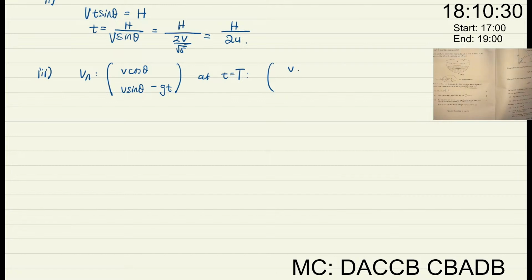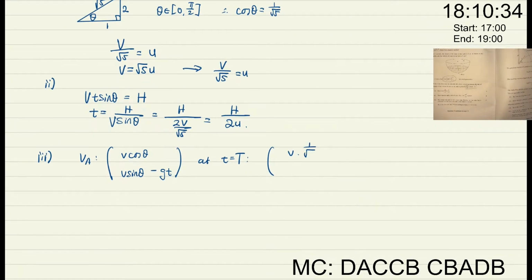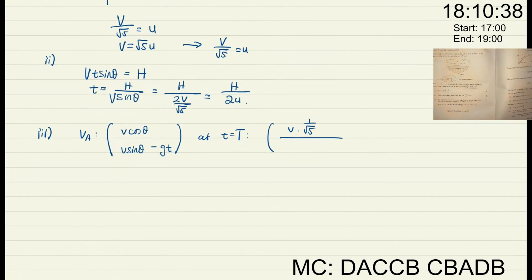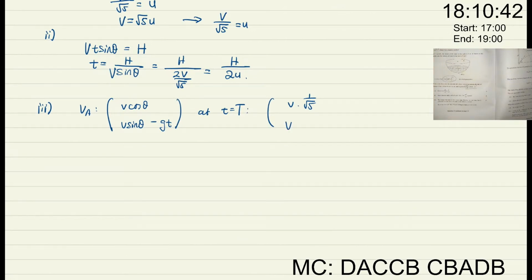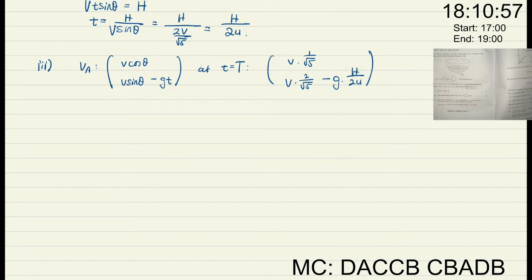So cos theta is 1 on root 5. Sine theta is 2 on root 5. No fraction bars in vectors. And t is the one that they gave us. So we're going to use the one that they gave us from the previous line because they keep wanting to talk about u, so that's probably that one.